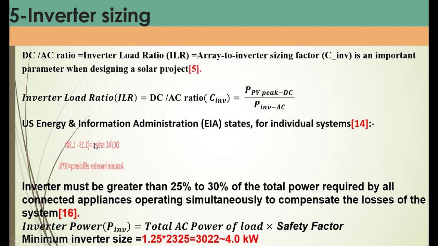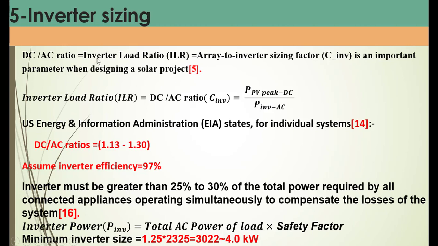Okay. Now we are talking about the inverter sizing. As we discussed before, the DC to AC ratio represents the ratio between the nominal power of the array system with respect to the AC power of the inverter.